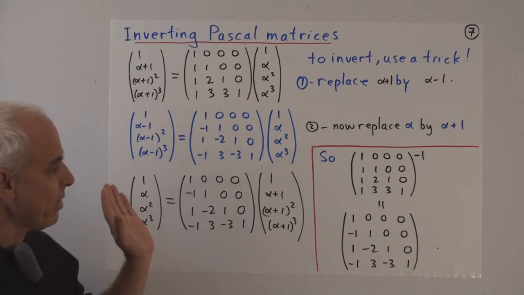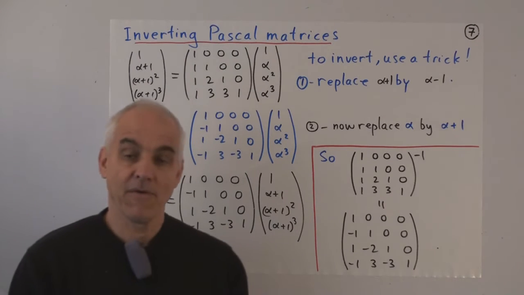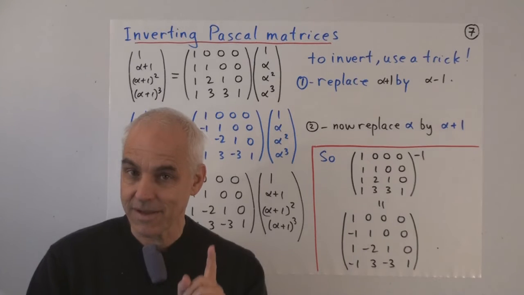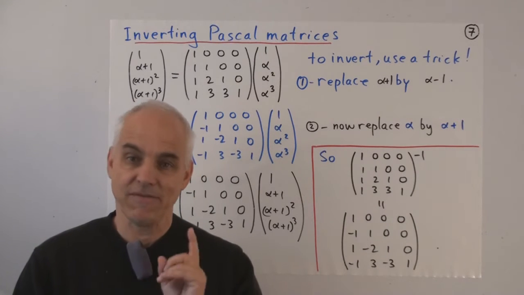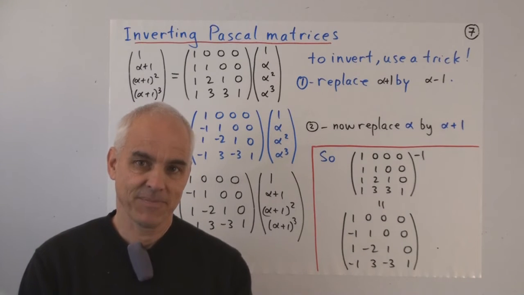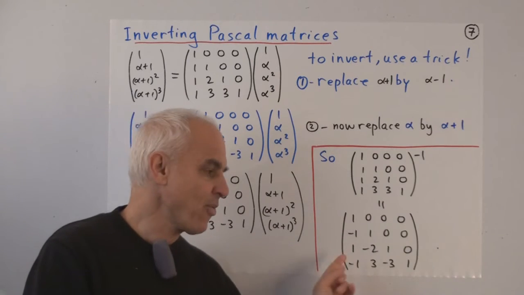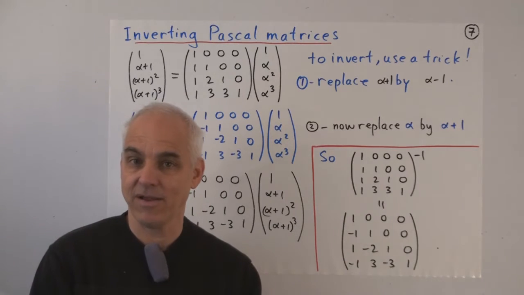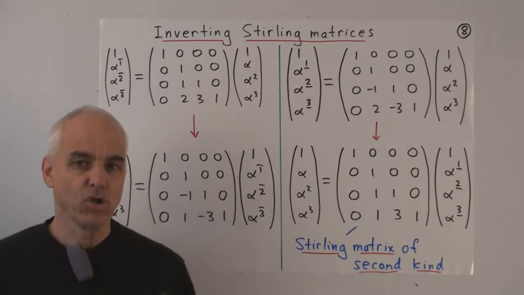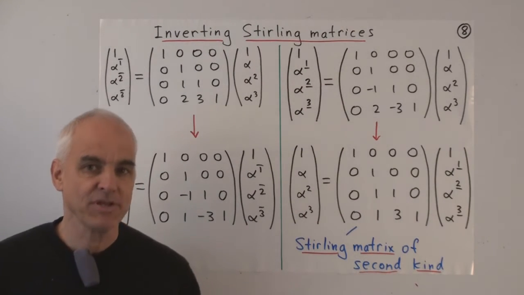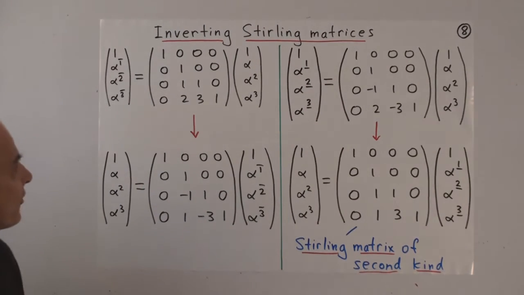So we want to ask the same question now for the Stirling matrices. Okay. What happens when we try to invert a Stirling matrix? That turns out to be not quite so simple as with the Pascal story. Okay, so let's have a look at an example to see what happens when we invert a Stirling matrix.